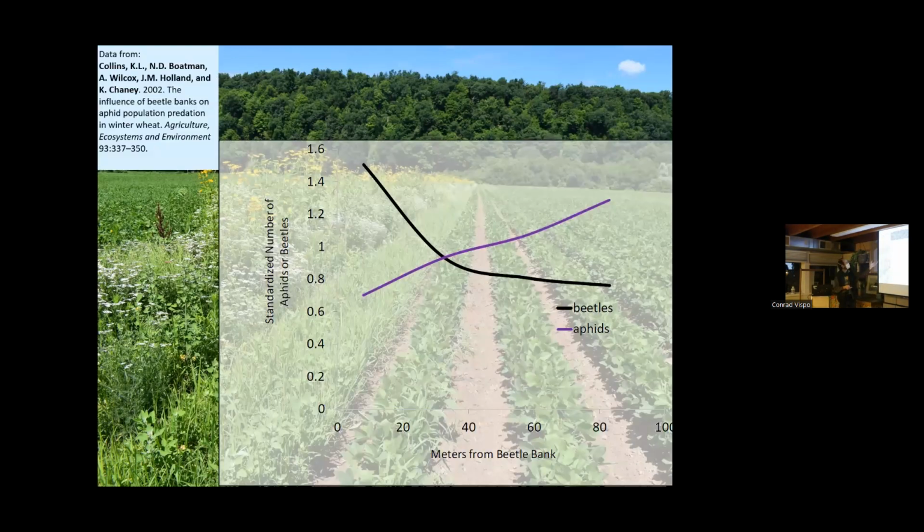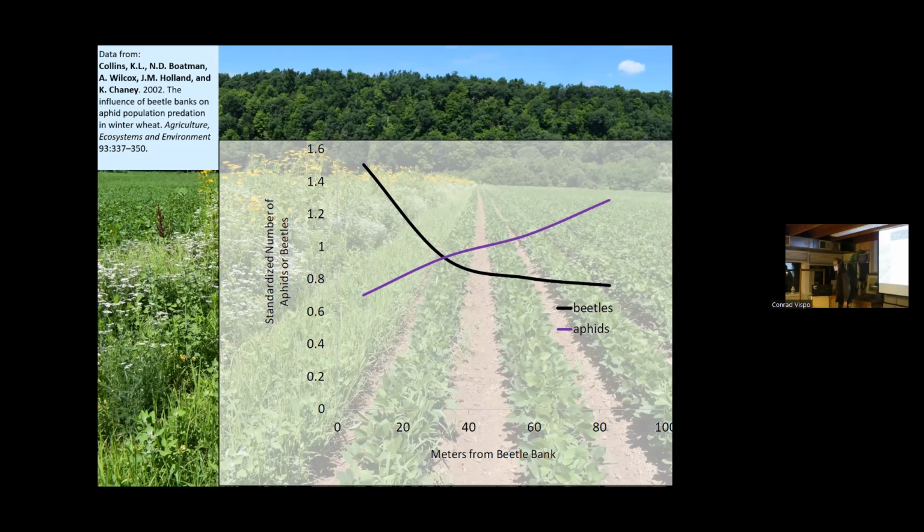And this is some work from England that seems to show this. This is distance from a beetle bank, and this is abundance, the number of beetles. They're most abundant close to the bank. This is the number of aphids, which supposedly they might be preying on. So the implication is you have a beetle bank, you have a high number of beetles. That translates into a high predation of aphids until you get fairly far away from the beetle bank, and then the beetles are low, the aphids are high.